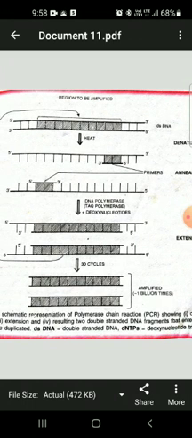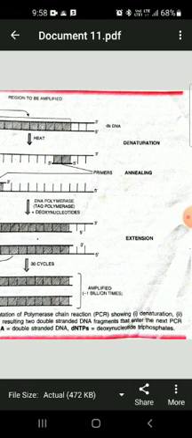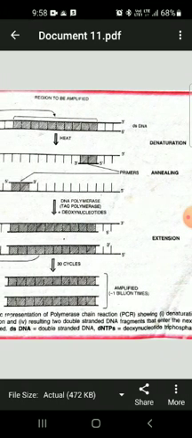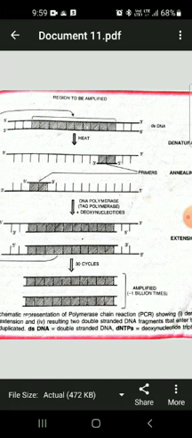Here in the second diagram, you can see the separated strand of DNA, 5' 3' end and 3' 5' end. At both the ends you can see the primer is written here, annealing process is written, and a short oligonucleotide segment is added to each separated template strand of DNA.